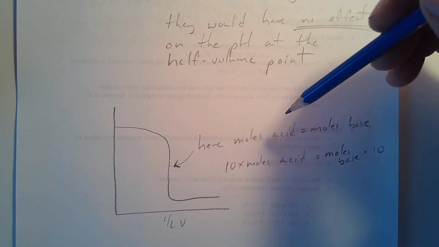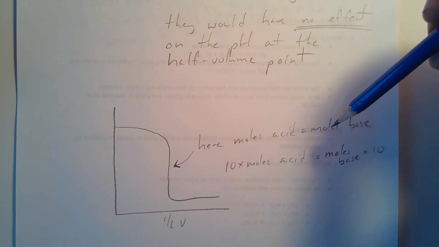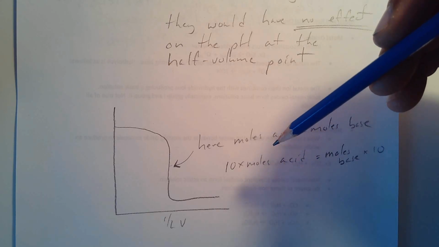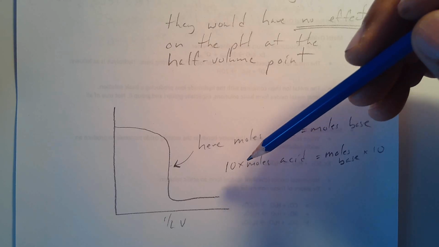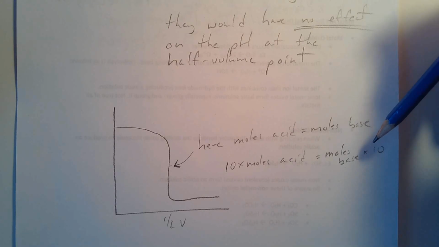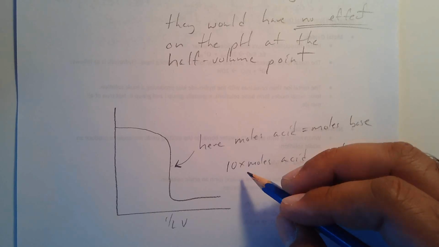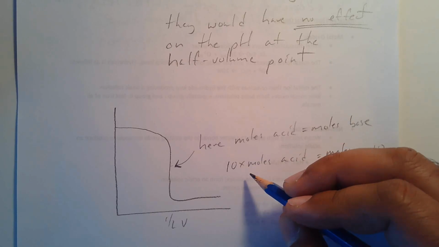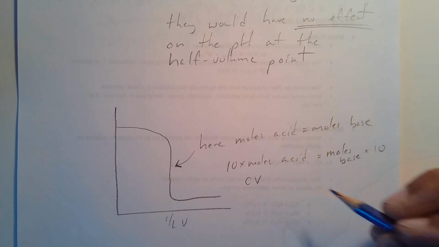At the neutralization point, your moles of acid equal moles of base. If both of these have a 10 times greater concentration, the moles themselves will be 10 times greater here, and the moles over here will be 10 times greater. Remember what this is looking at: concentration times volume.